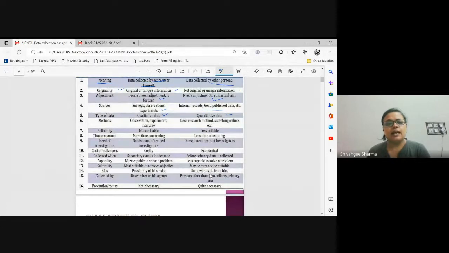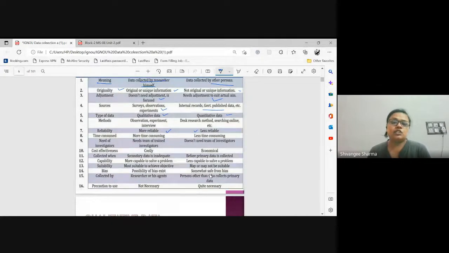Next, reliability. Because you are collecting that data yourself, it is more reliable than the data which has already been established, right? You don't know how that data is collected, who collected that, how it is being represented, right? So that is why the data which is collected first hand by the researcher is always more reliable than the secondary data which has already been established.